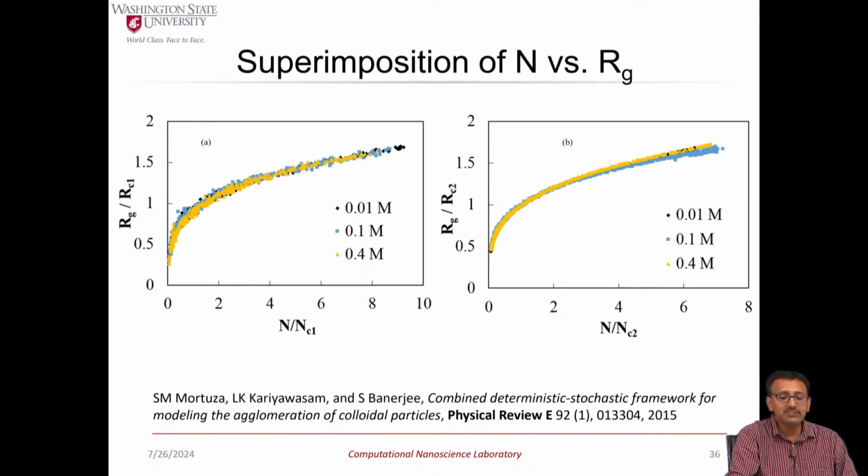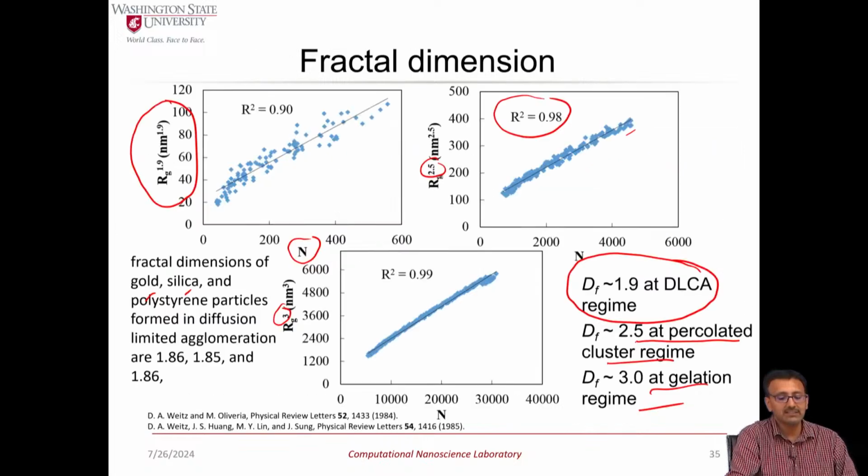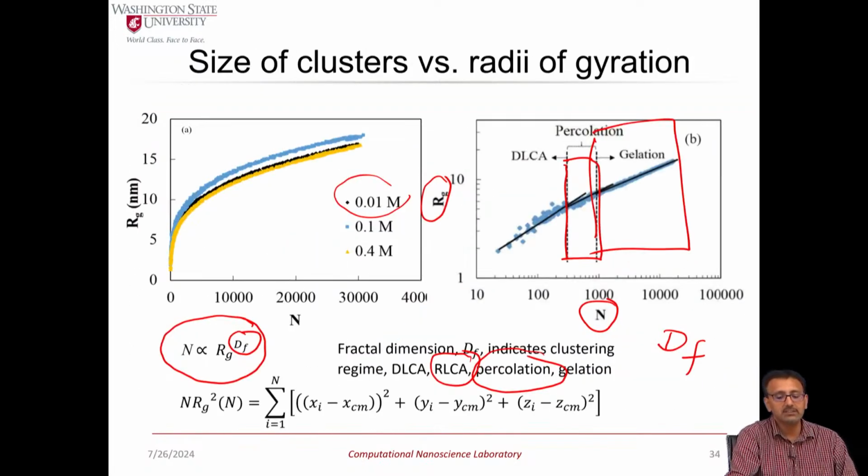We were interested to see that in the range of salt concentrations that we are interested in, fundamentally the growth rates are different, but are the shape and the structure of these growing clusters different? To do that, we normalized these parameters, the radius of gyration and the cluster size. So how do you normalize, against what?